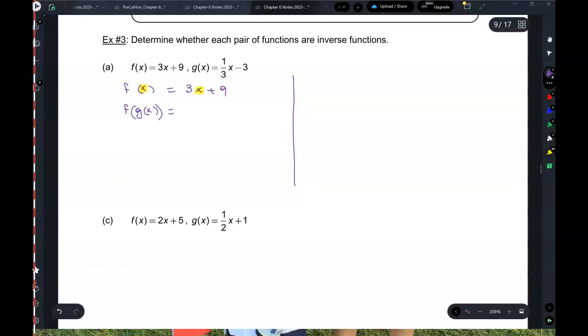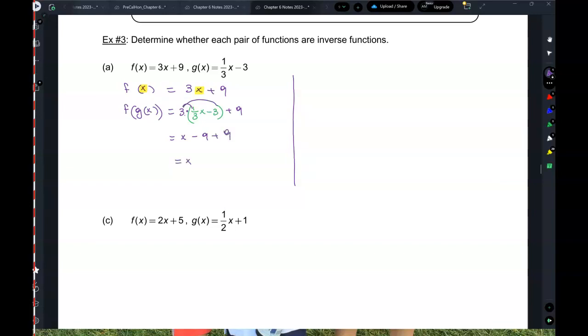So this is going to be 3 times, what's g of x? 1 over 3x minus 3 in parentheses, people, plus 9. Okay, let's distribute. 3 times 1/3 is 1, 1x minus 9 plus 9. What does that equal? x. Okay, that's what we wanted. So f of g of x is x.